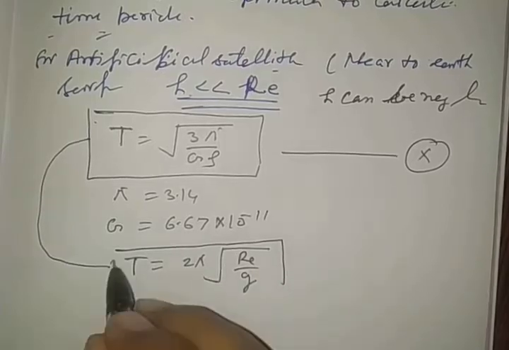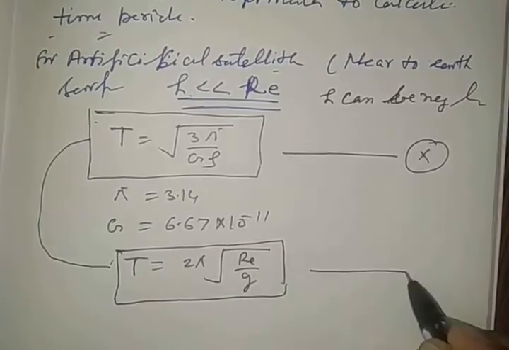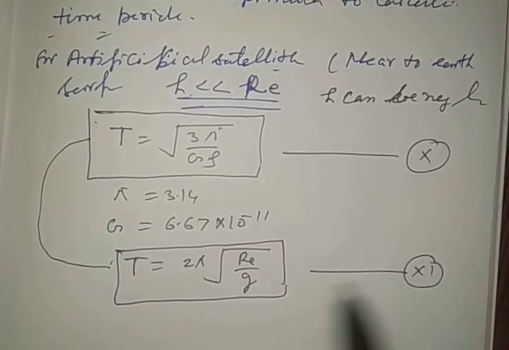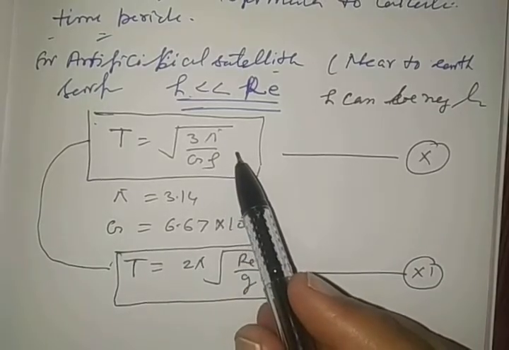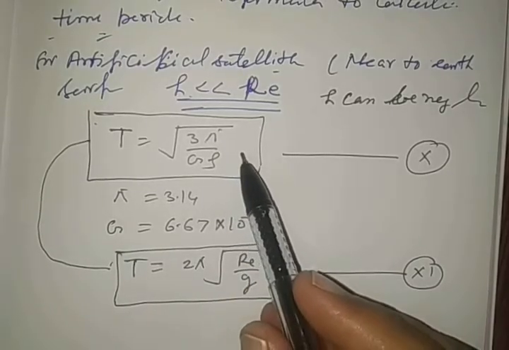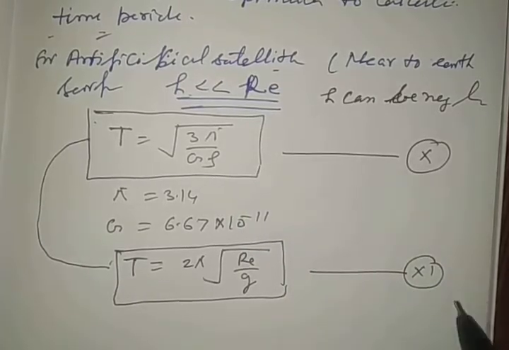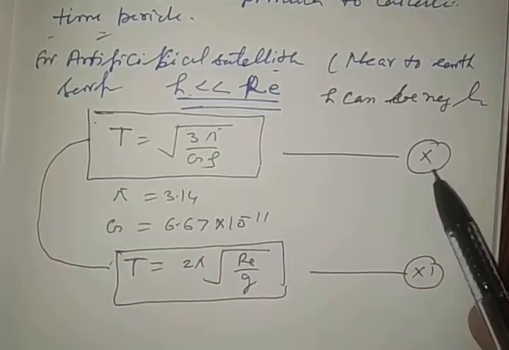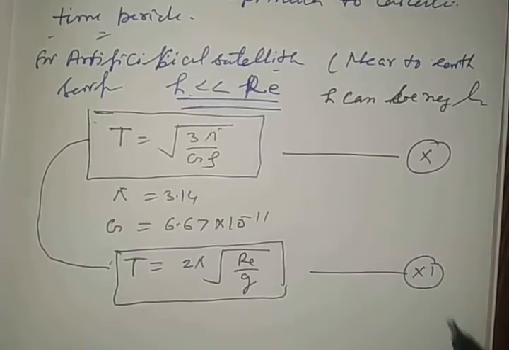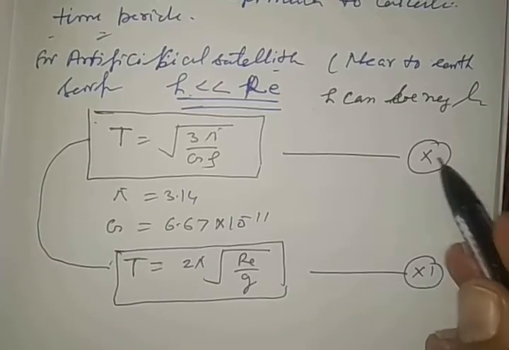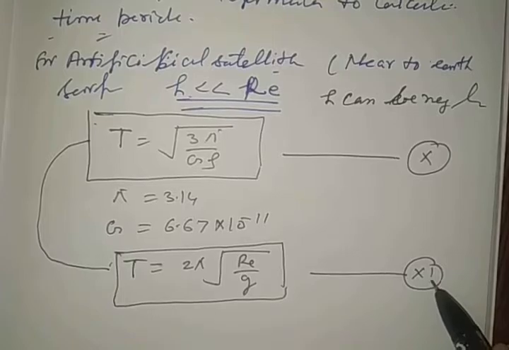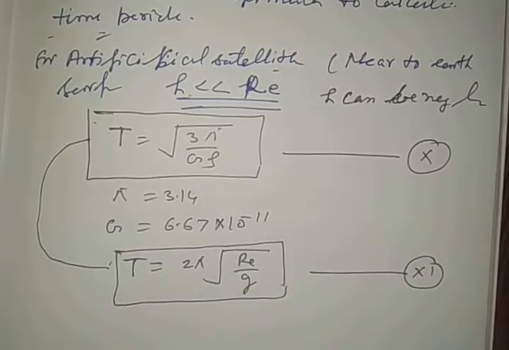So here two formulas are available to calculate the time period of a satellite near to the Earth's surface. This is called an artificial satellite also, either by equation number 9 or equation number 10 and equation number 11 here. See these two equations here.